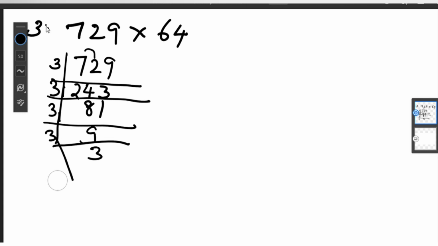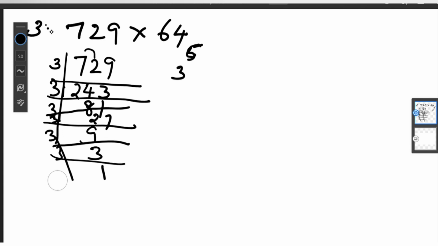Again giving 1 here, 12, 4, 3 times. Again 3, 8 times 1. Again 3, 9, 3, 3, 1. So how can we write here as 3 to the power? How many times? 1, 2, 3, 4, 5. 5 times it is. So 3 to the power 5.